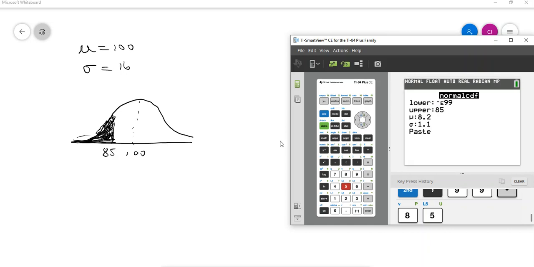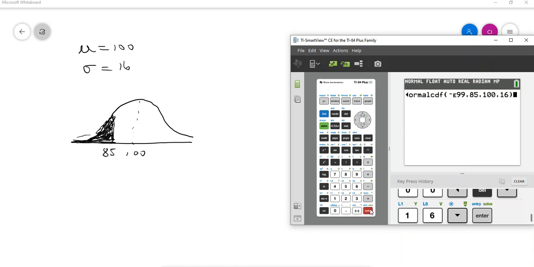Okay. So the mean, let's go through, 100, standard deviation of 16. And again, that's for the people with the newer calculator. Enter.